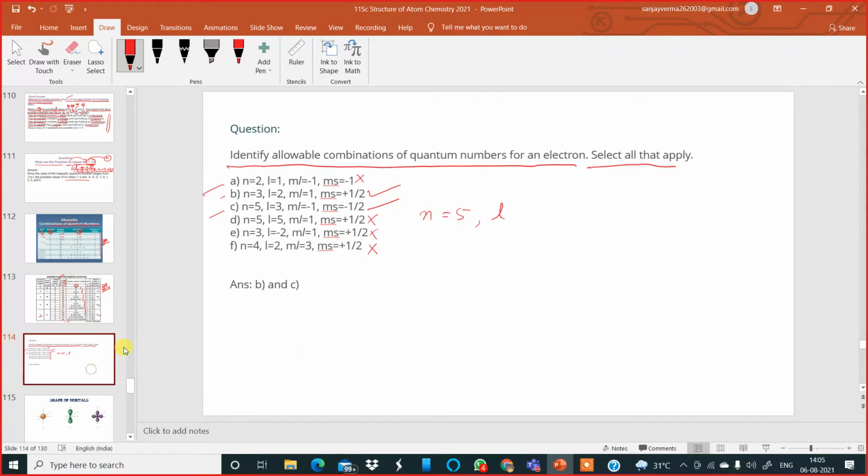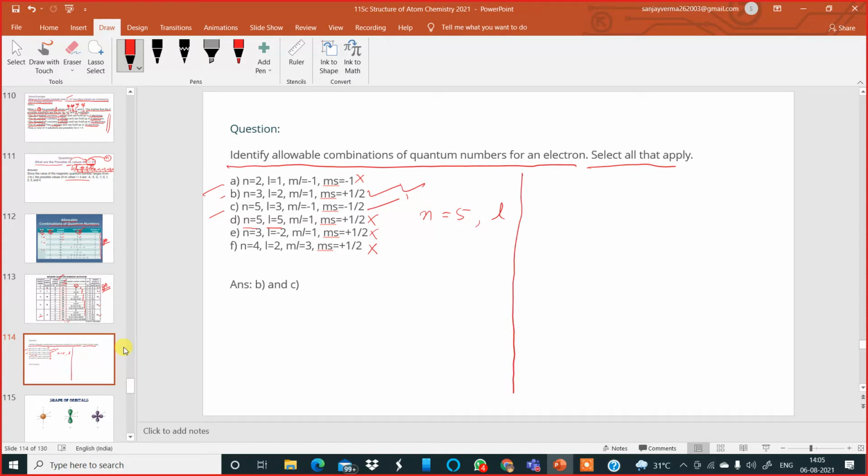Now here for n is equal to 5, l is 5. It is not possible. So only B and C are possible for the allowable combination of quantum numbers for an electron. Now I would like to give you one question just now.